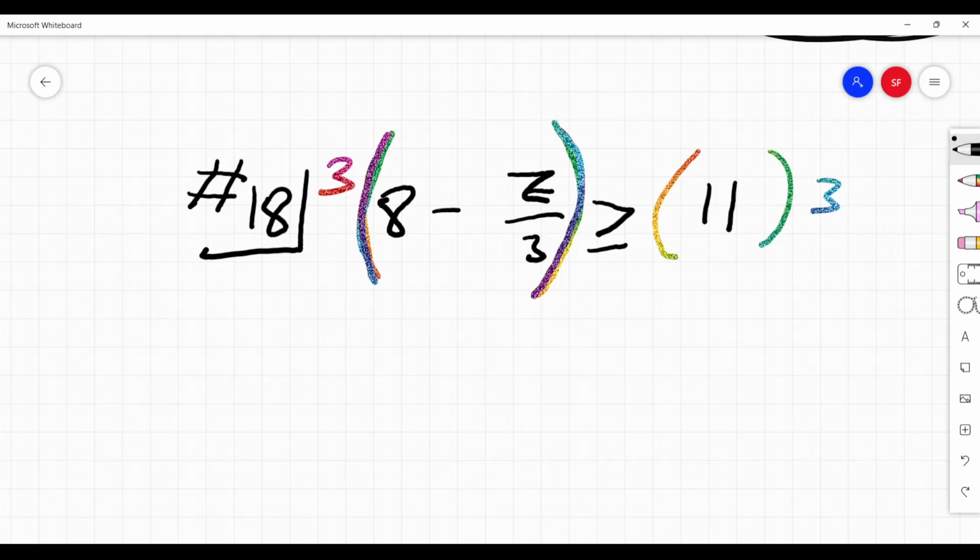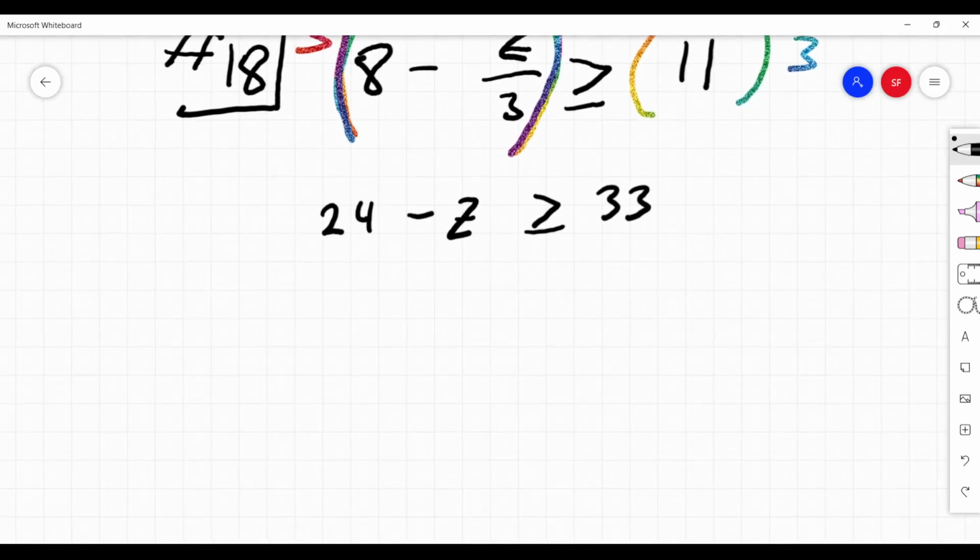So this would end up being 24 minus z is greater than or equal to 33. Wait, would that be 24 minus 3z? No, because the 2 3s cancel. Oh, right. Oh, yeah. So now what should we do?